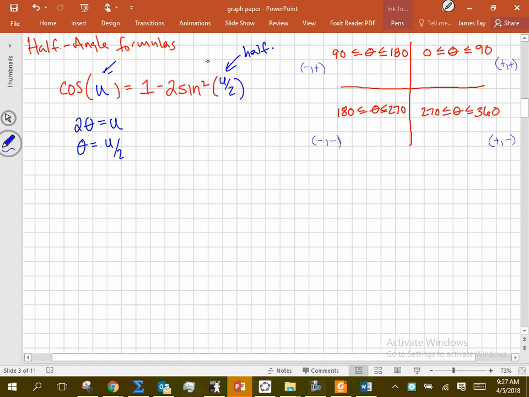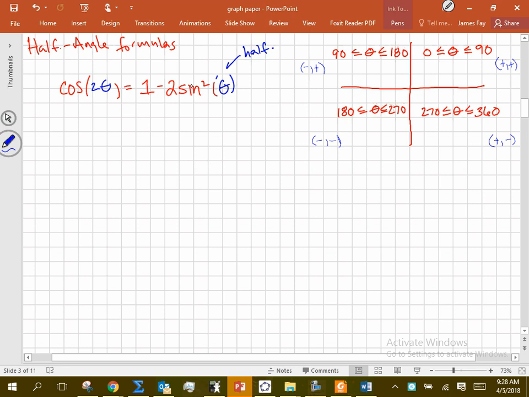Is that still a half of that? U over 2 is now half of u, right? So it doesn't matter whether you make that substitution now or you make it in the end. I've seen both approaches. Let's do it at the end because it does not matter.